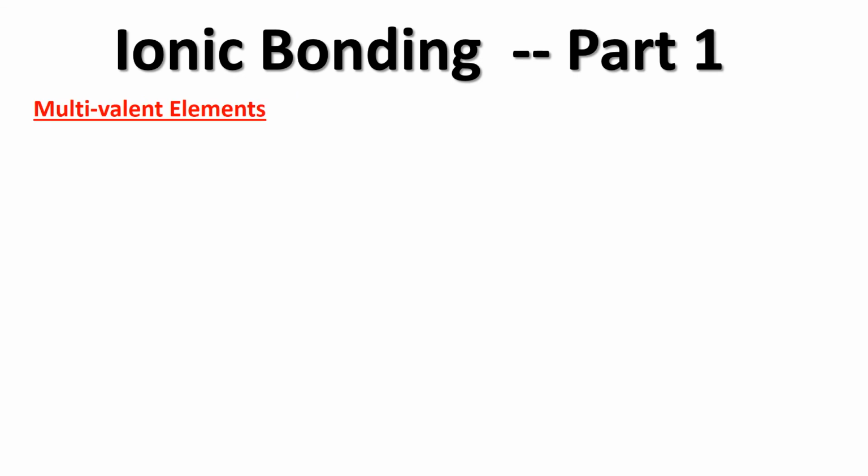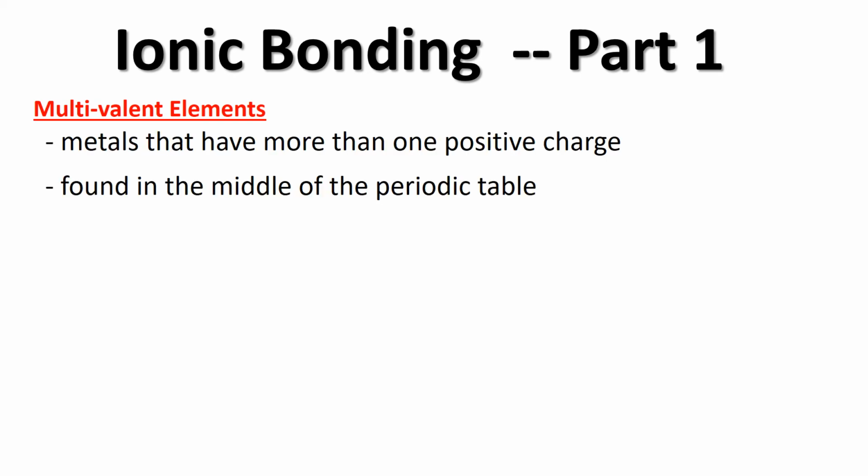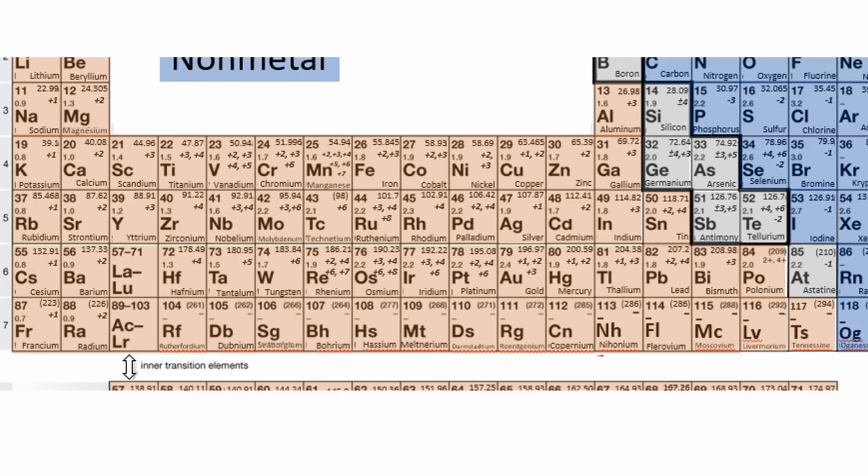Now, what happens when we get a metal that has more than one charge to it? Something we call a multivalent element. These are metals with more than one positive charge, generally found in the middle of the periodic table. Cobalt has a couple of charges, +2, +3. Iron has a couple of charges.